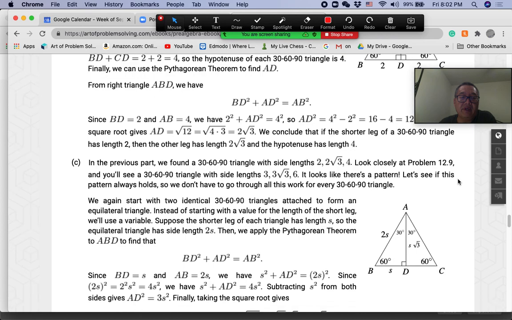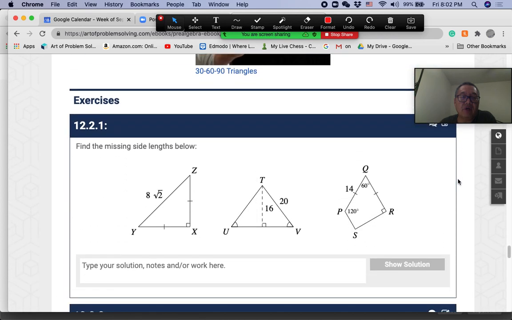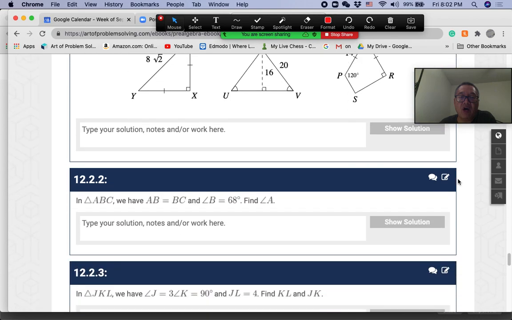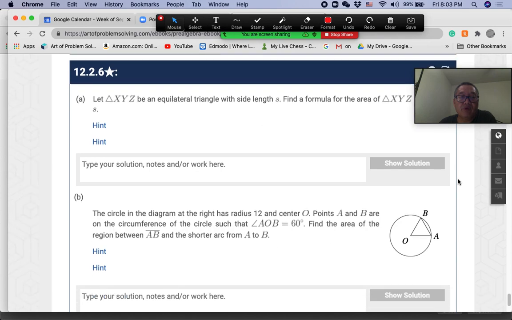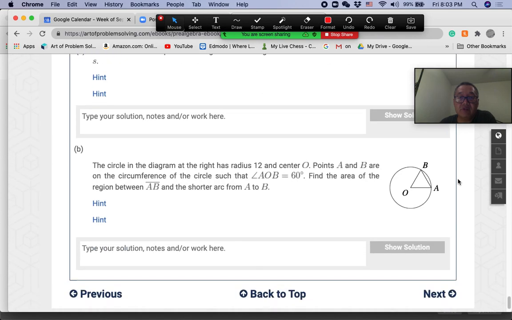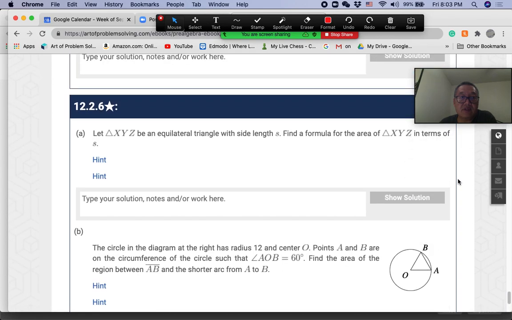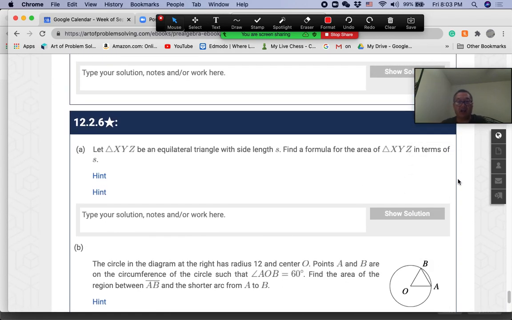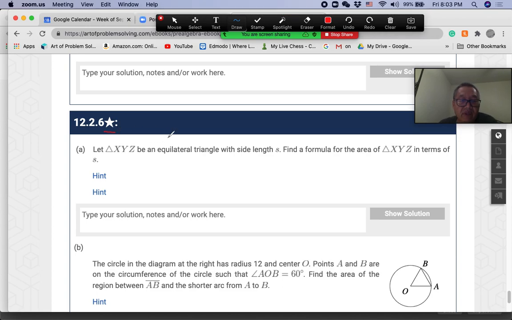That will be 12.2.1 to 12.2.6. Actually, see here we have a star. This problem has a star. That means this one is difficult, right? Now let's use this one as an example. Try to solve this problem.